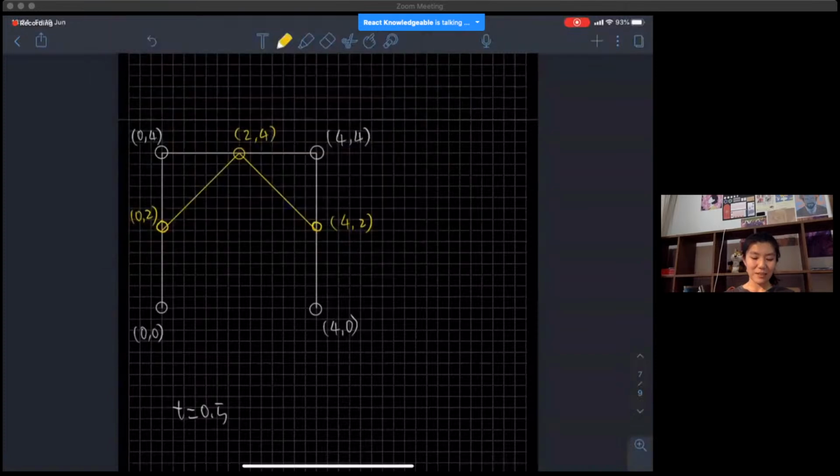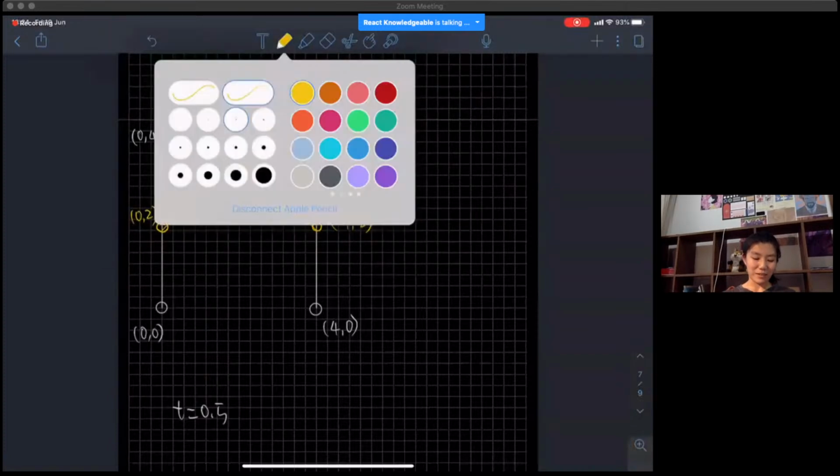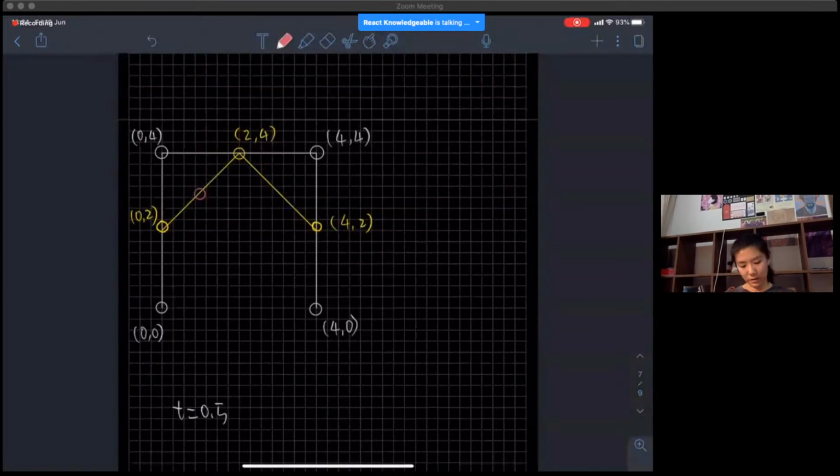You find the middle point again. Looks like somewhere here. The coordinates will be the average between 0 and 2, that will be 1. The average of 2 and 4 will be 3. And then this one, I know it's not very good, but please bear with me, will be (3, 3).